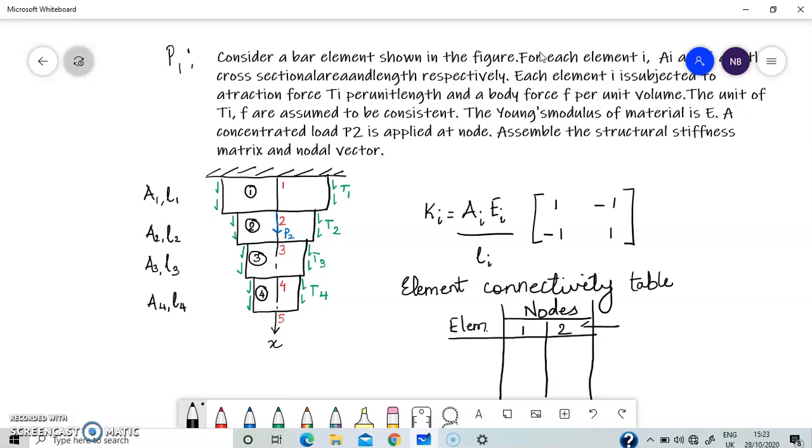These are the local node numbers. Let us start with element 1. For element 1, if we are starting from the extreme top, the first node is 1. I'll write it in red pen, 1, and the second node is 2. Going to element 2, we have the first node as 2 and the second node as 3.